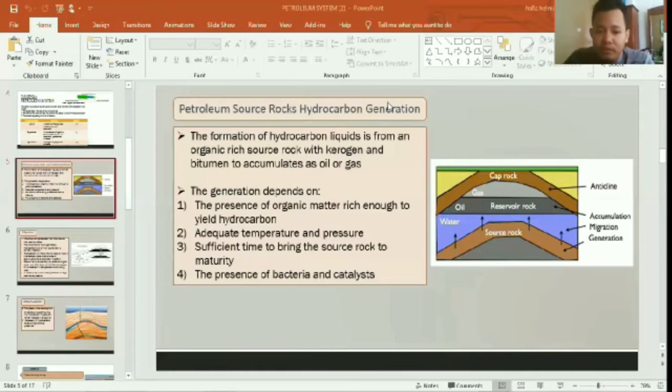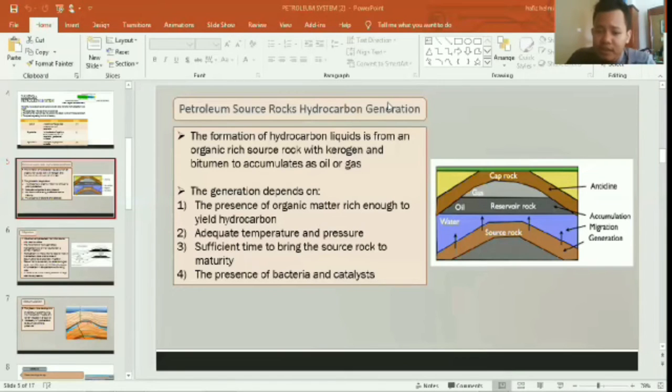Okay, I would like to talk about petroleum source rock hydrocarbon generation. What is this? This is a formation of hydrocarbon liquid from organic rich source rock with the kerogen and bitumen to accumulate. This generation depends on a few things, which is the percent of organic matter in the source rock to produce the hydrocarbon.